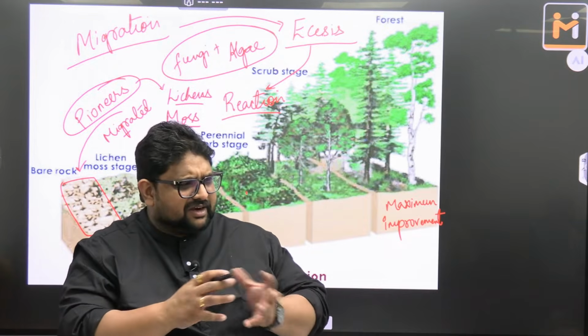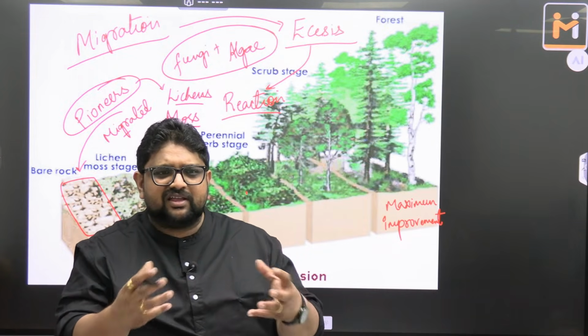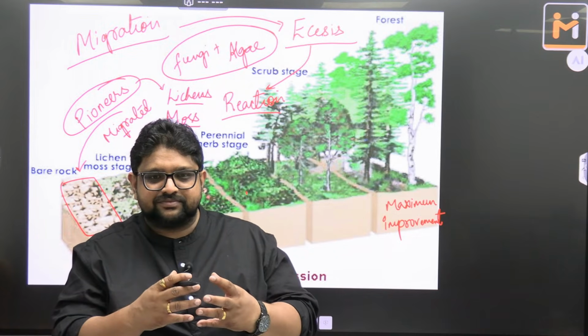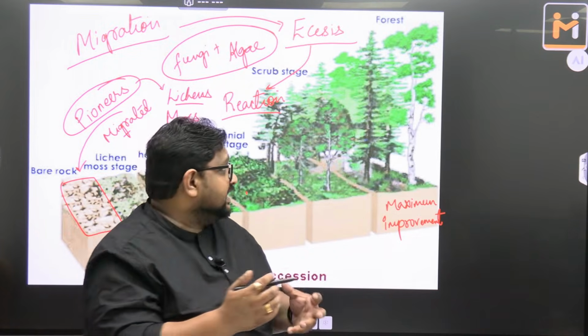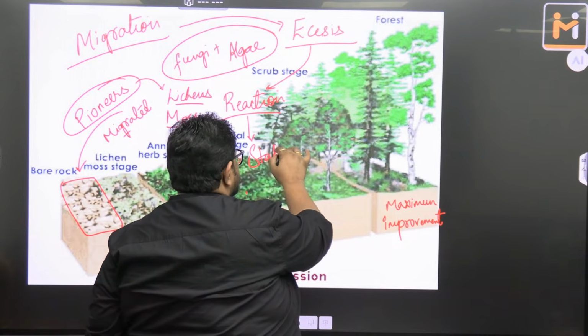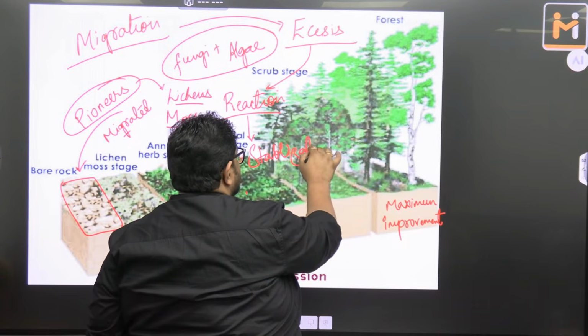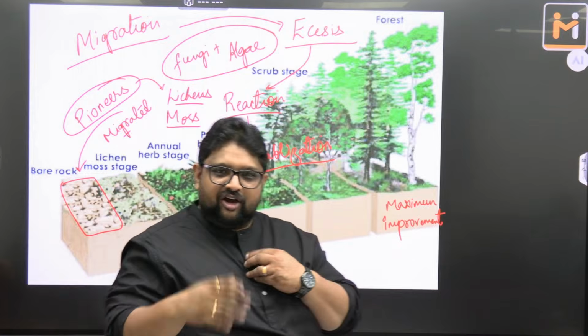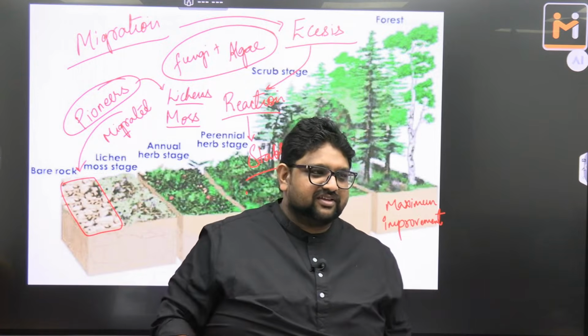There will be some kind of reaction between the environment and the organism. That will happen in the third stage. And finally, once everything is settled down, it will be stabilization. Either the organism will change that environment according to its requirement, or it will change itself.